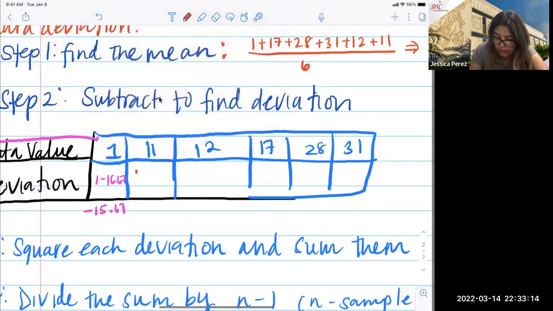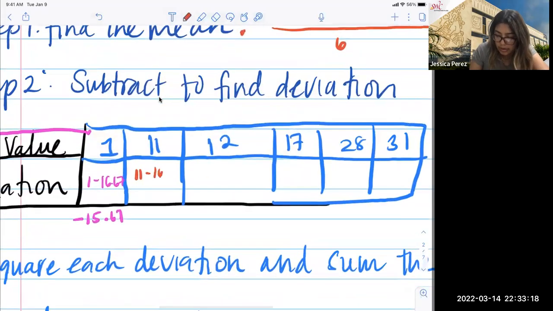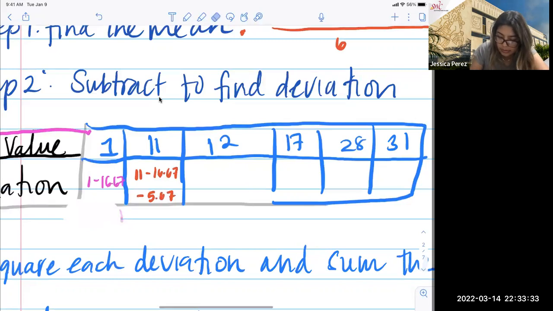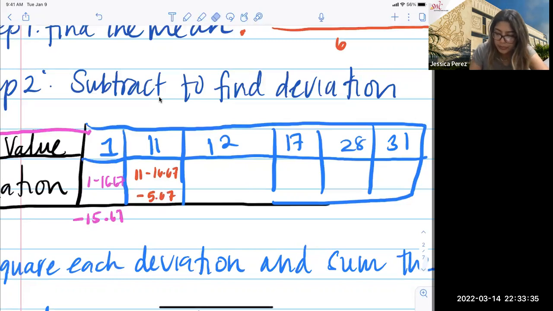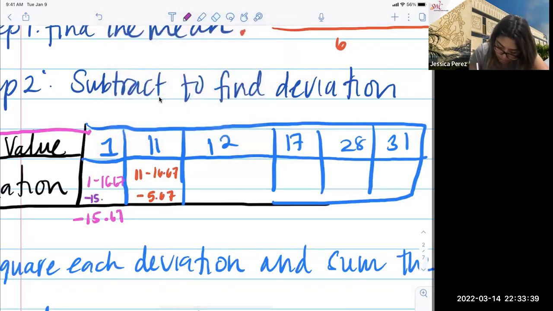Same thing, you do 11 minus 16.67. It's okay if it's negative. 11 minus 16.67, that's negative 5.67. Let me rewrite this one. So this one was negative 15.67.